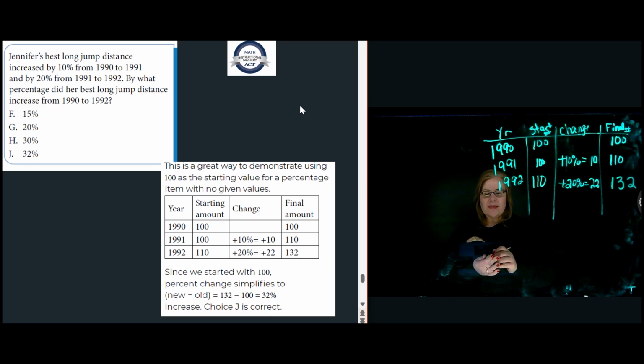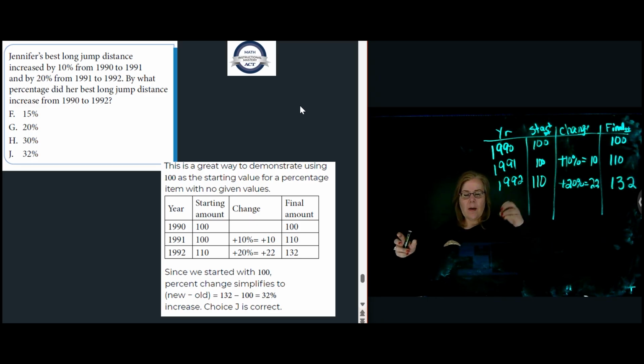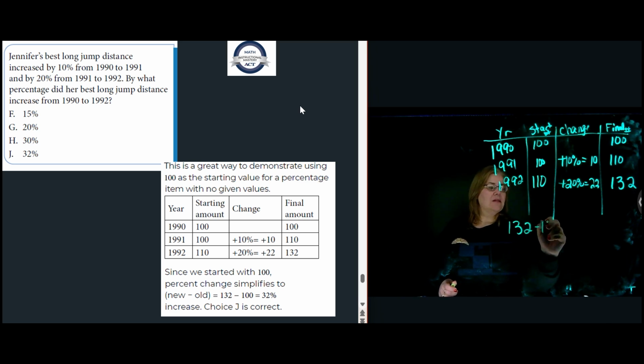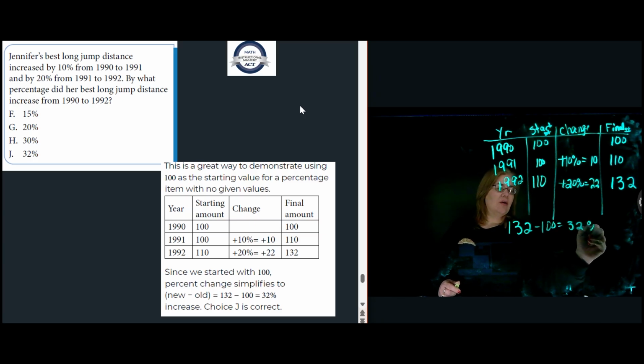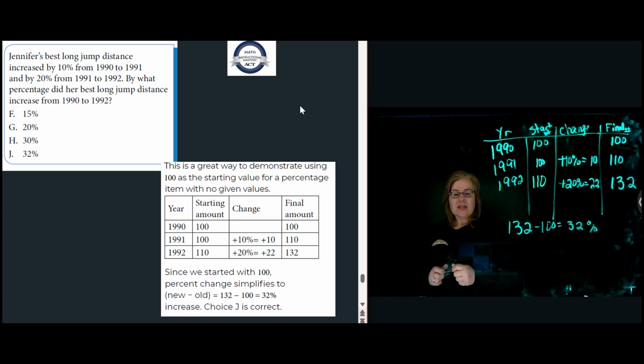So since we started with 100, we're simplifying this as the new minus the old. So we've got the new minus the old, which is 32, which we can turn into 32%. So I increased by 32%. So obviously my answer is J.